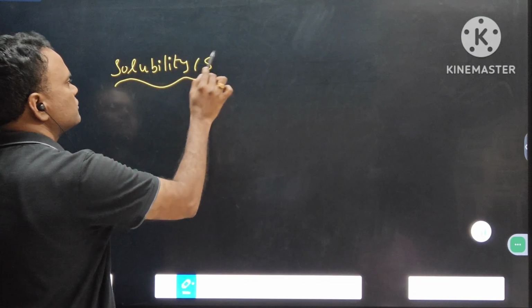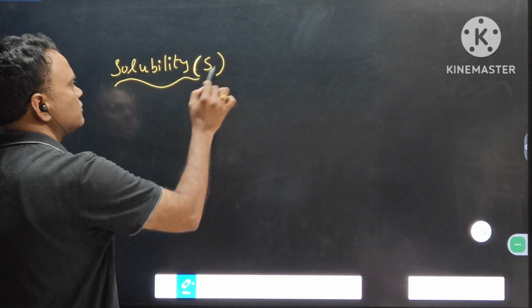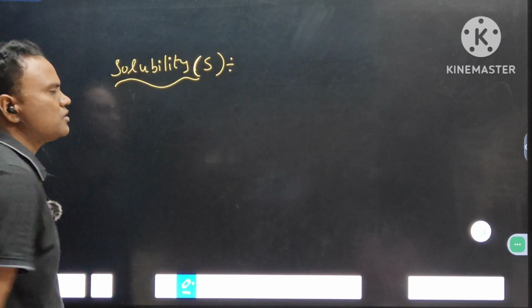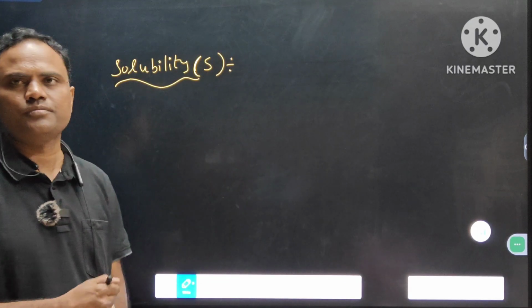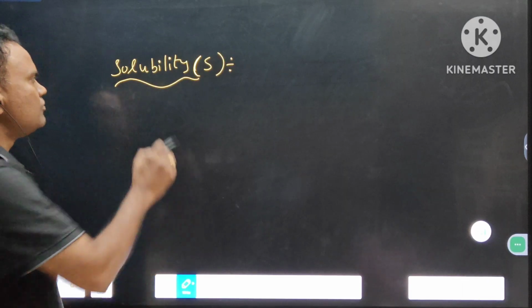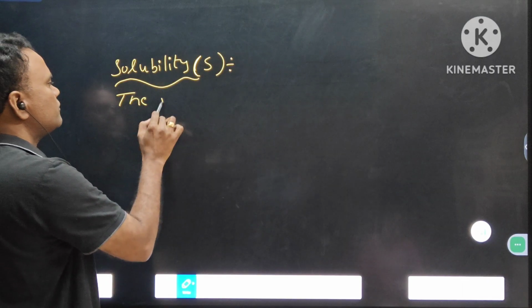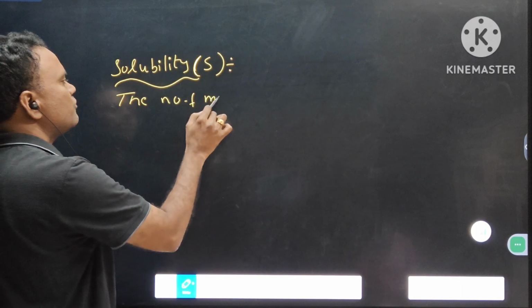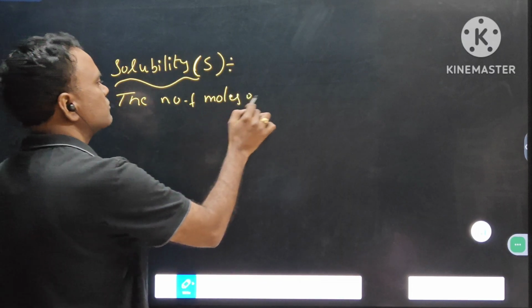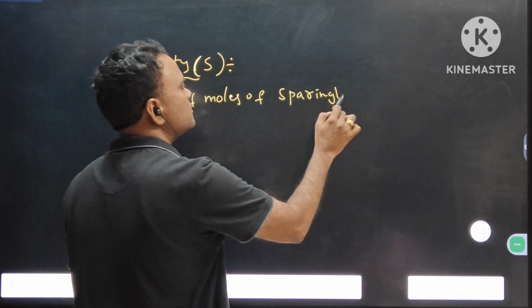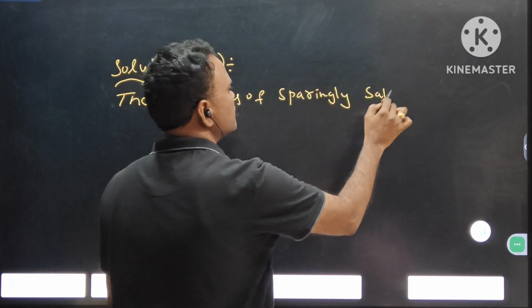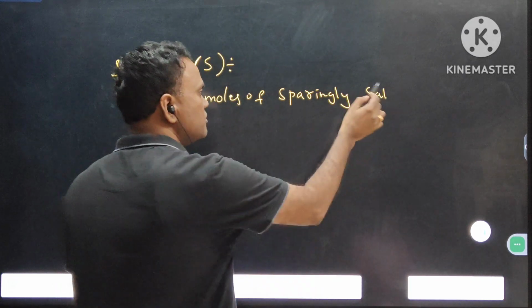Next, solubility. Solubility symbol is S. See, the number of moles of sparingly soluble salt. Sparingly soluble means slightly soluble.